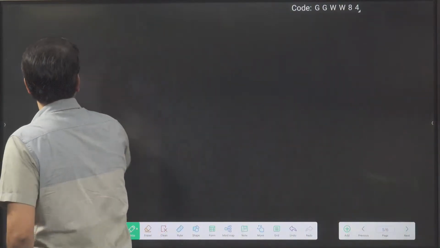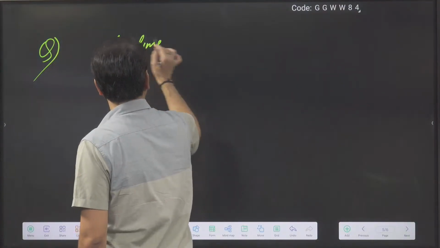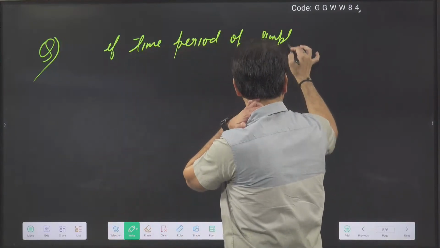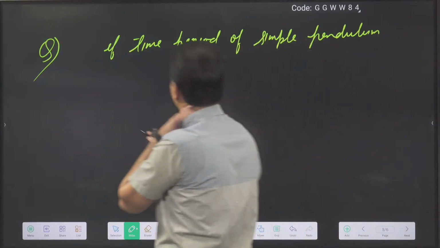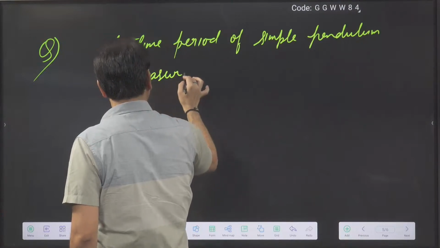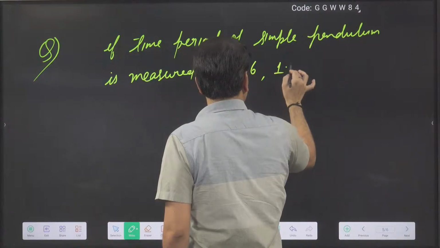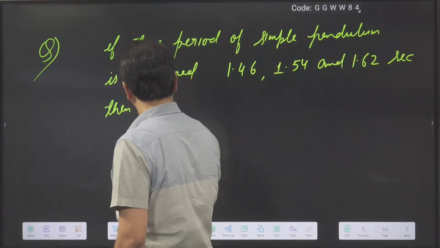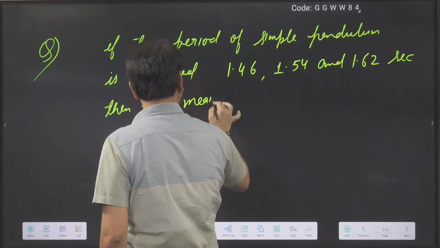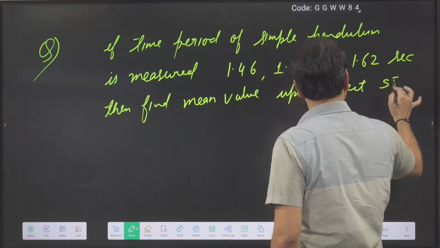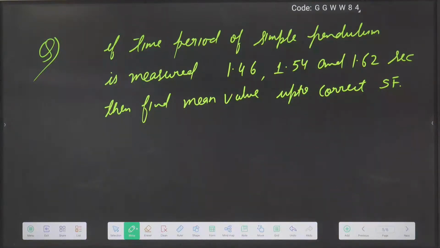Okay, so one small problem. Suppose the time period of a simple pendulum is measured as 1.46 second, 1.54 second and 1.62 second.